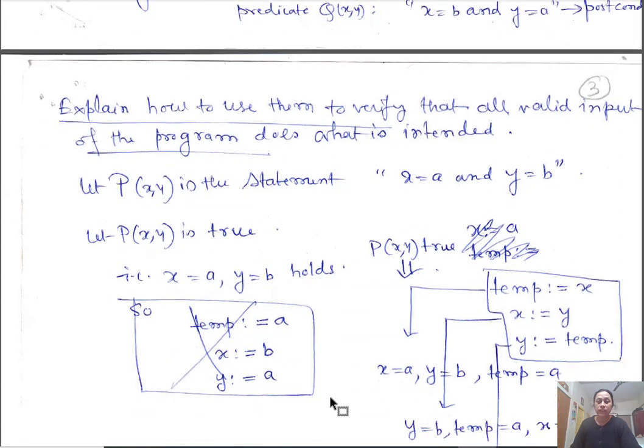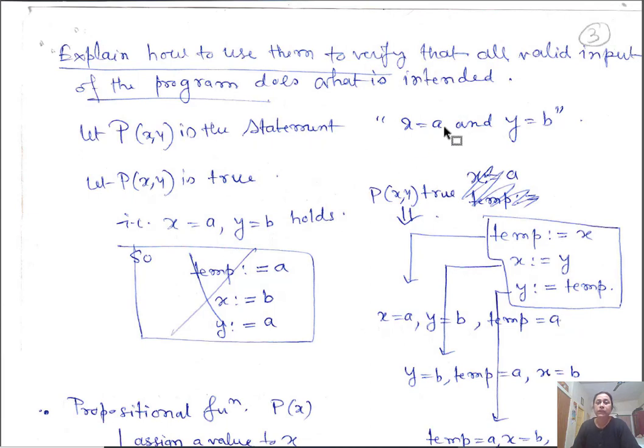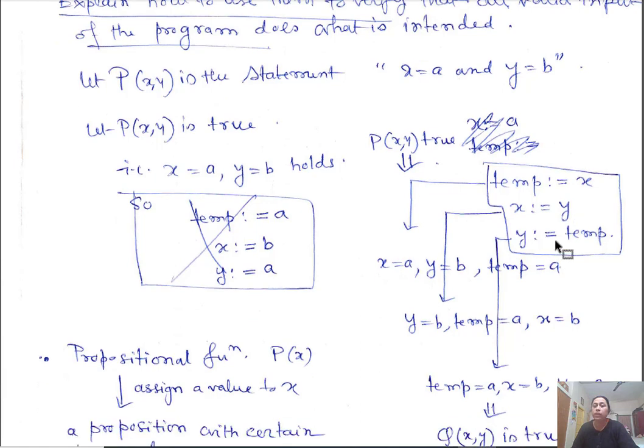So in this case, P(x,y) is the statement x equal to a, y equal to b. Suppose P(x,y) is true, that means x equal to a, y equal to b holds. This is my program: temp equal to x, x equal to y, y equal to temp. When in the first line we assign temp equal to x, then x equal to a, y equal to b, temp equal to a.